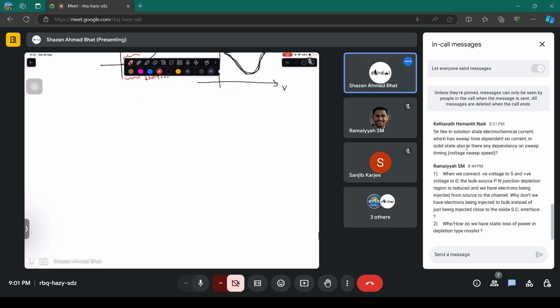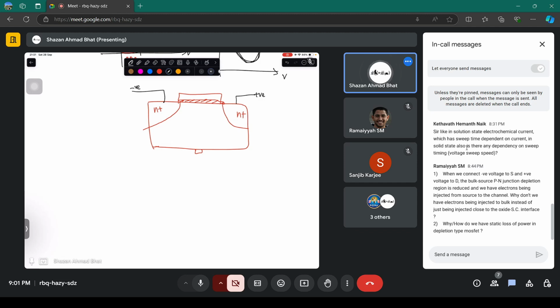Okay. So it comes from the electrostatics, I guess, from what I've understood of the question. Let me understand your question. The bulk source depletion region is reduced. Okay, you mean this.